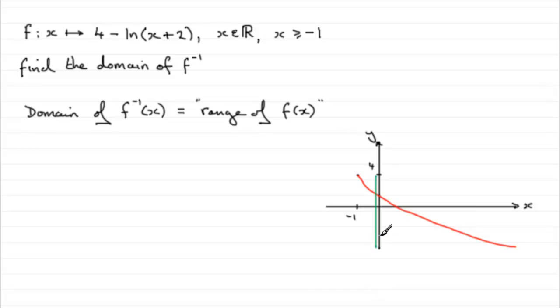Obviously you can't equal minus infinity, but it's any value less than or equal to 4. So that becomes the domain of the inverse function. So the domain of the inverse function, f to the minus 1 of x, is such that x is any value less than or equal to 4.